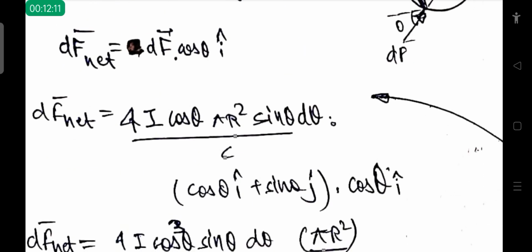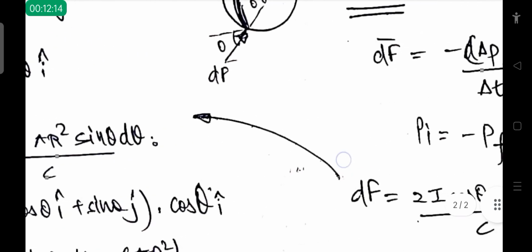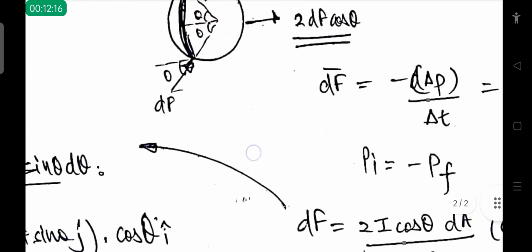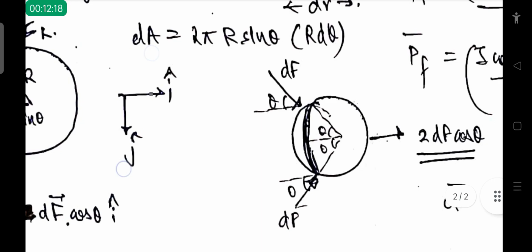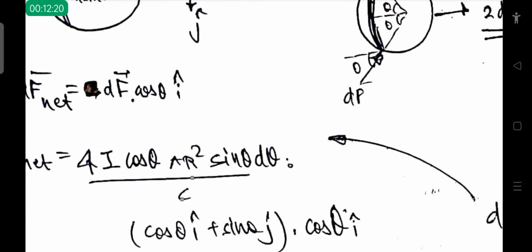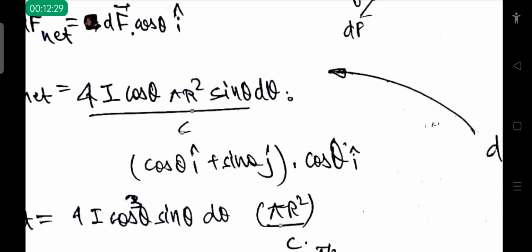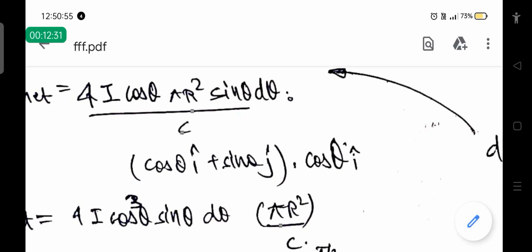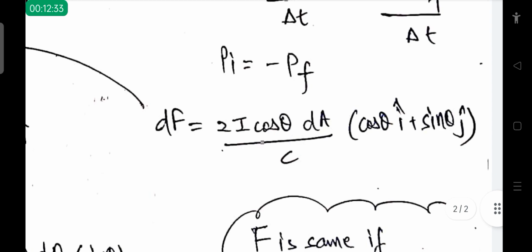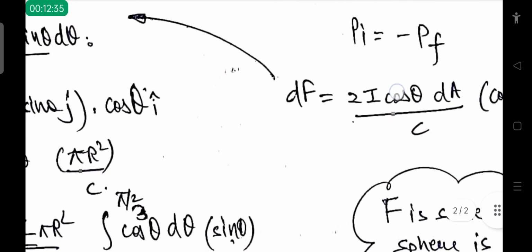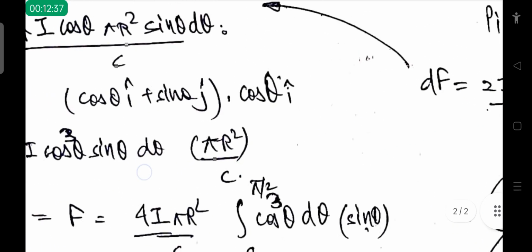So dF net can be written as, I have written the value of dF from here: 4 I cos theta pi r square by c into sin theta d theta into, I have written this in the next line, this term was also there, cos theta i cap plus sin theta j cap, and I have taken the dot product of this with cos theta i cap.